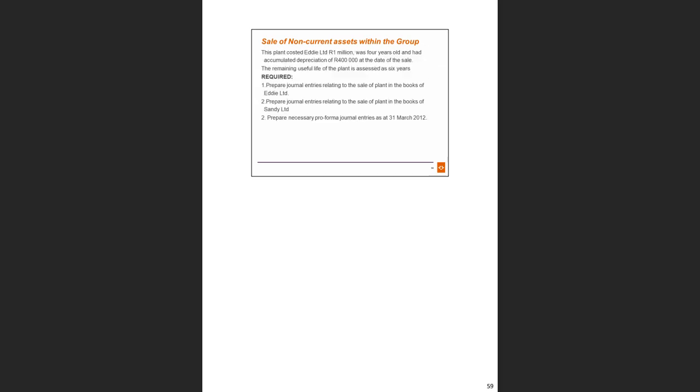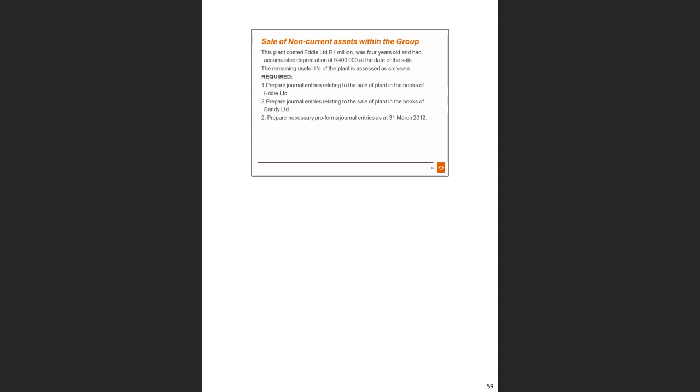So let's have a look at the solution, or let's have a look at what is required first. So the plant cost Eddie Limited 1 million Rand, was 4 years old, and had accumulated depreciation of 400,000 Rand at the date of sale. The remaining useful life of the plant is assessed as 6 years.